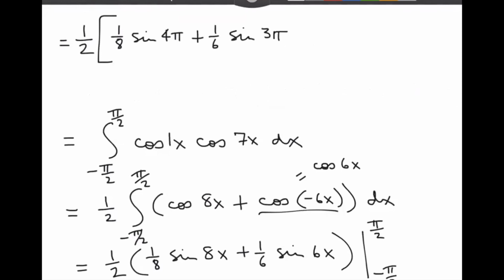Then we're going to subtract the value at negative pi over 2. So that's going to be 1/8 times the sine of negative 4 pi plus 1/6 times the sine of negative 3 pi.